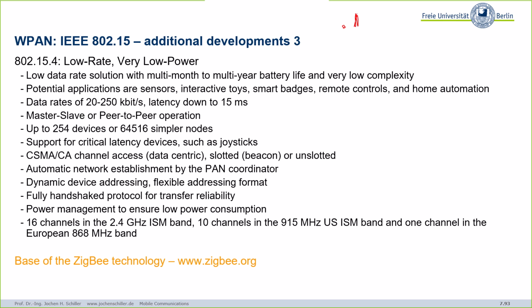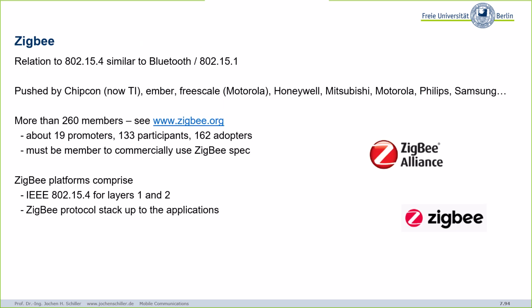Here it's .15.4, and the idea there was to go to very low power. And this is where, as I explained, you have Zigbee. Zigbee is one of the standards there, especially for home automation, setting up yet another type of network.